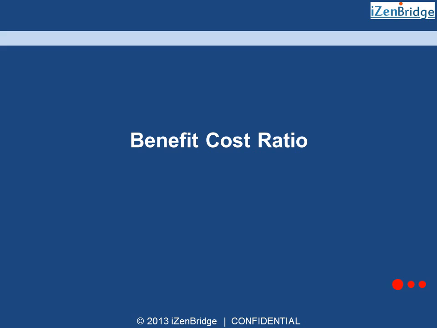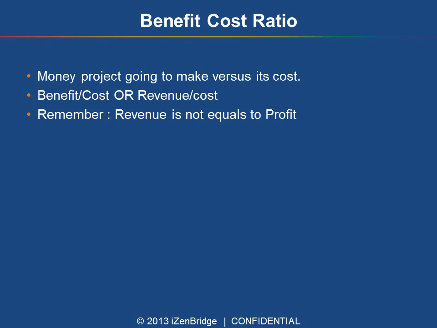The next term is the benefit cost ratio. A benefit cost ratio is a ratio of benefit divided by cost. So it can be looked at as a ratio of revenue divided by the cost. We should remember that revenue is not equal to profit.